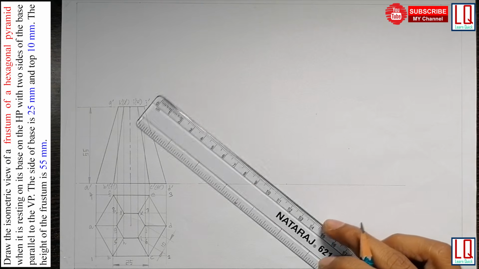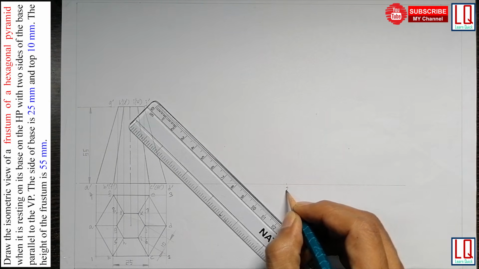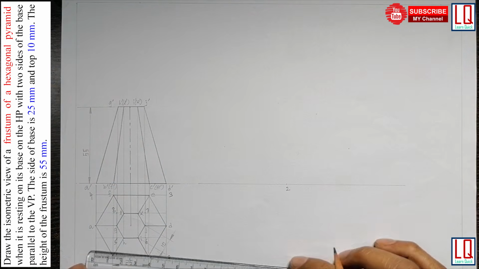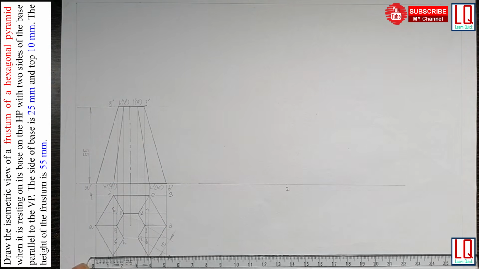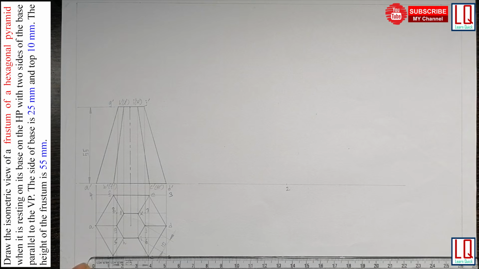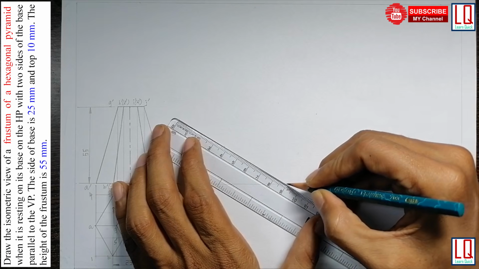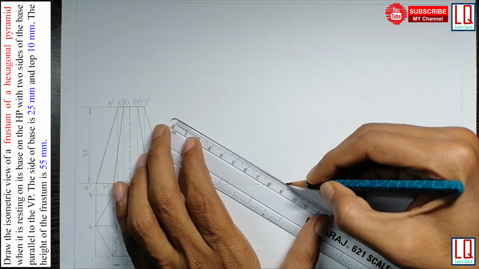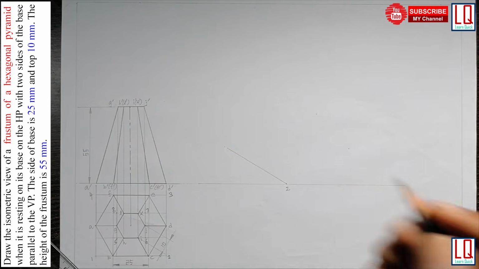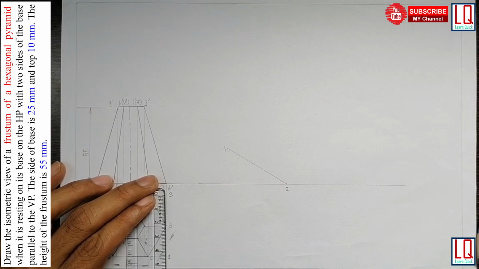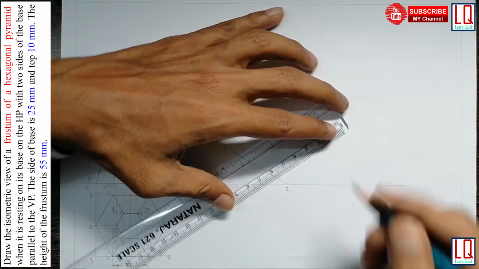And I take this point as 2 and I draw 2, 1 which is of length 50 mm and I mark this point as 1. So similarly measure 2 and 3 and it measures 43 mm.